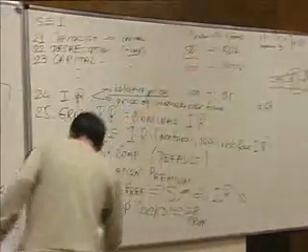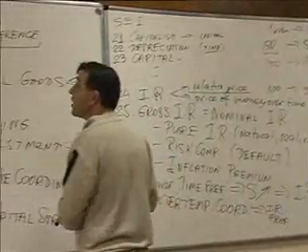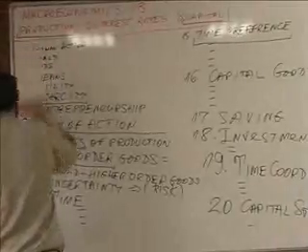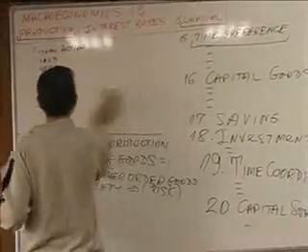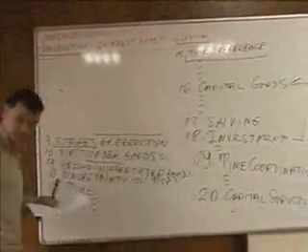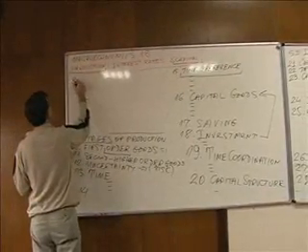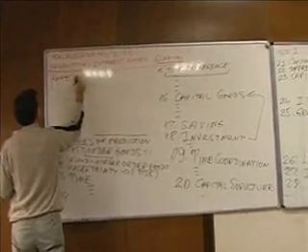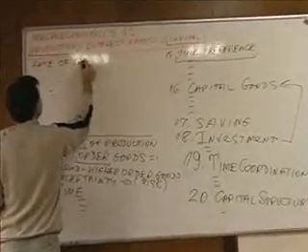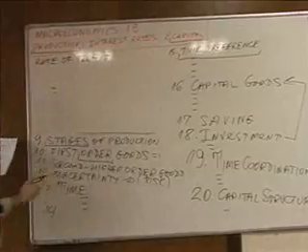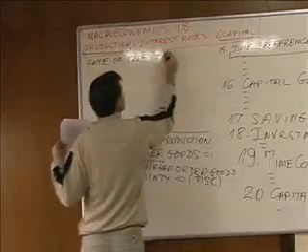Okay, then we get to the next concept, rate of profit. This is actually 29.